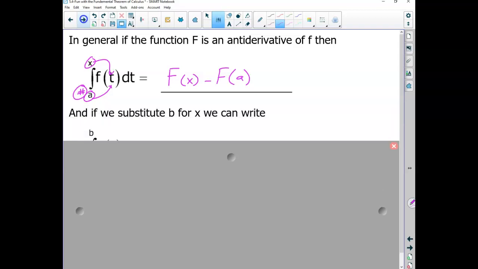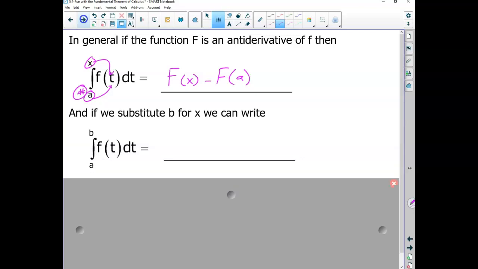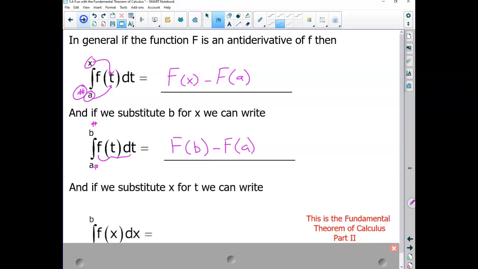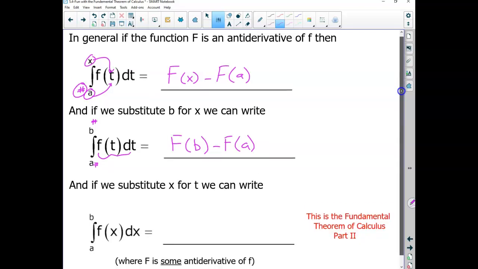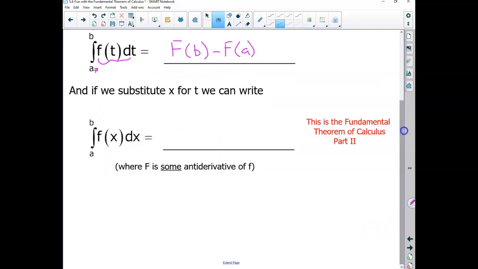If I continue through here and substitute b for x, meaning this is a number and this is a number, then I get big F evaluated at my top number minus big F at my little number. If we go all the way back and take our t value out of the equation, what we end up getting is the integral from a to b of f of x dx, where F is some antiderivative.